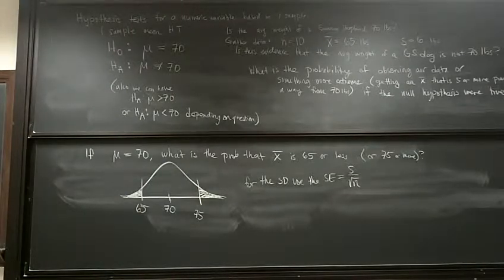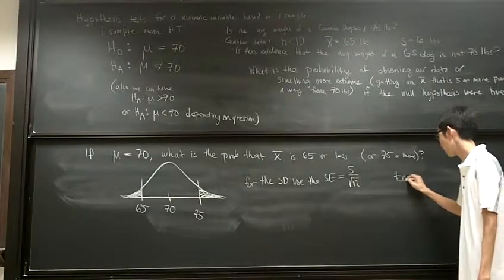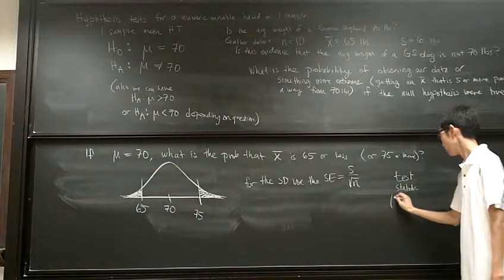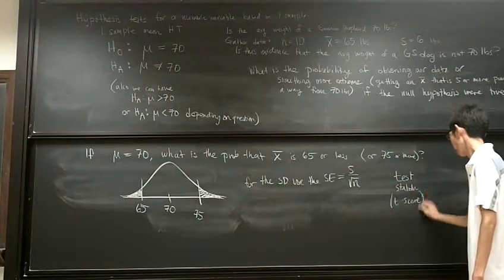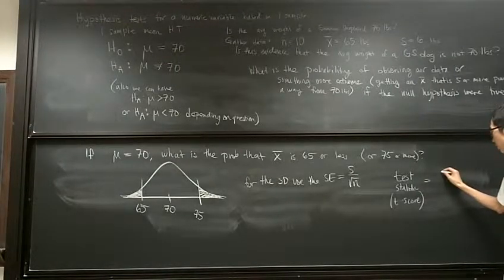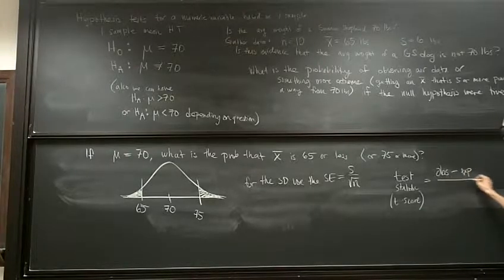And it's technically not going to be a z-score, it's a t-score or test statistic. This is equal to the observation minus the mean, or what I expected, divided by my standard error. So in this case, I would do 65 minus 70 divided by my standard error.